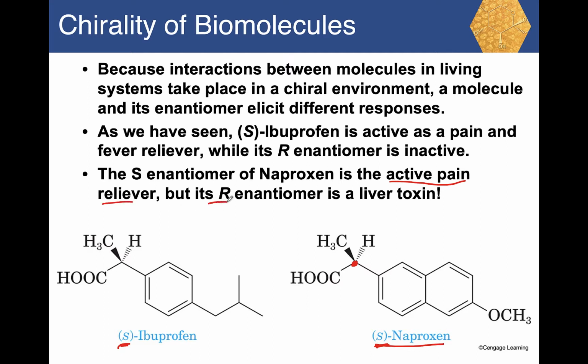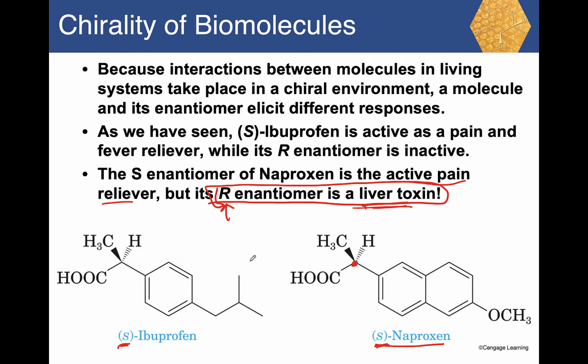Of importance, especially in the pharmaceutical industry, the R is a liver toxin. So whenever the industry makes naproxen, they have to make sure that there is no R contained in that pill or tablet.